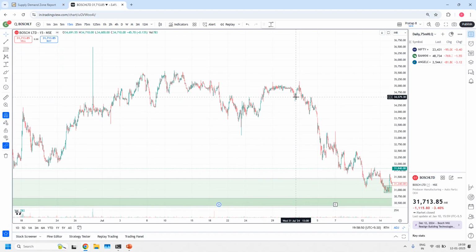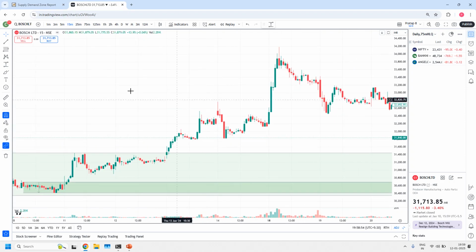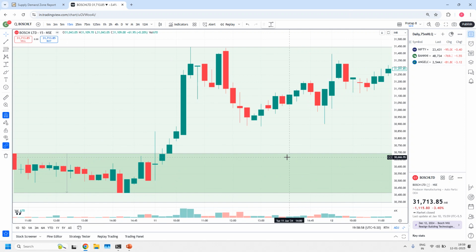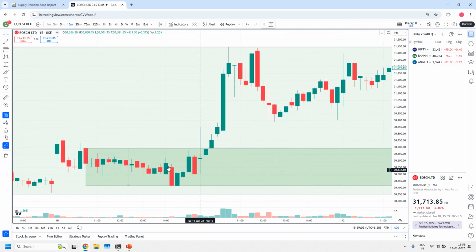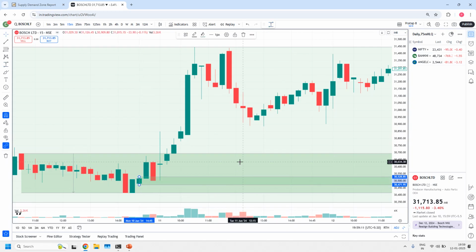Okay. And what about here? Do we have any proper structure? You have a rally base, rally is there. Here also a failed ERC candle as a leg in.